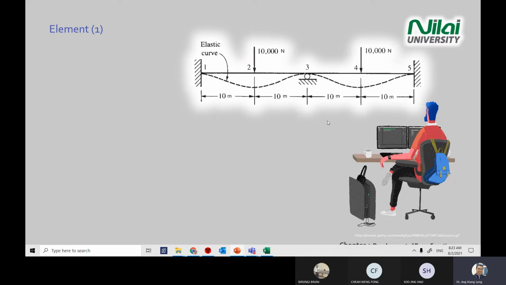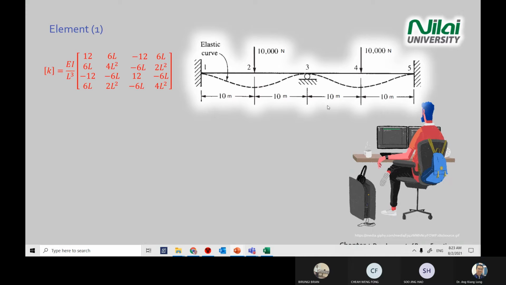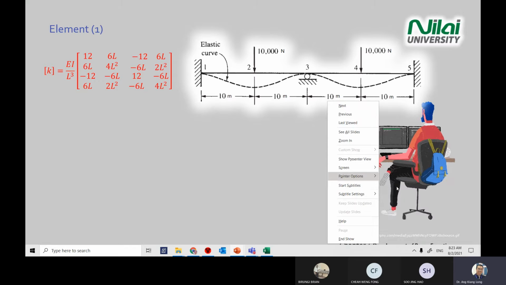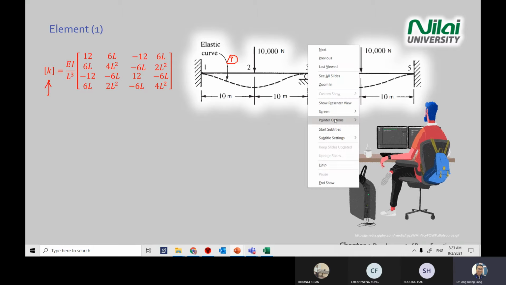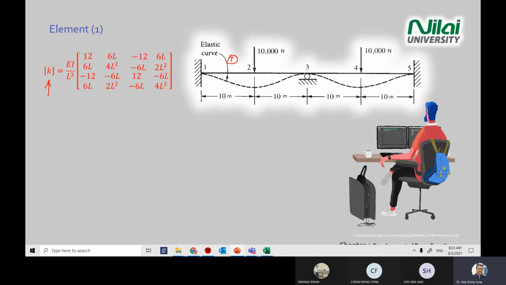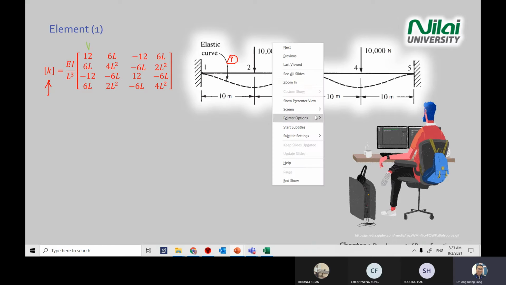So step 1, you look at element 1, with the question I asked Brian just now. This is element 1, connecting point 1 and point 2. So you write the small k for the element. Small k equals EI divided by L cubed, which is standard already. Then use your pencil to go ahead and write the numbering for the k.